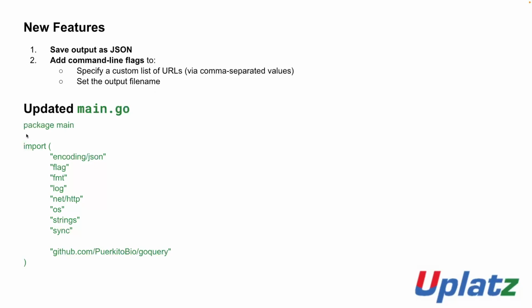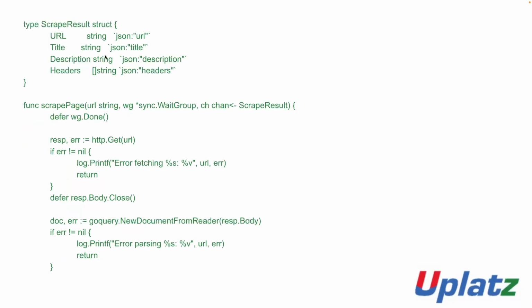Okay, so package main, import all these things, then type ScrapeResult just like the previous one. Only we need to use it for JSON. That is a struct tag, JSON, it is the URL field. Then JSON is the title field.